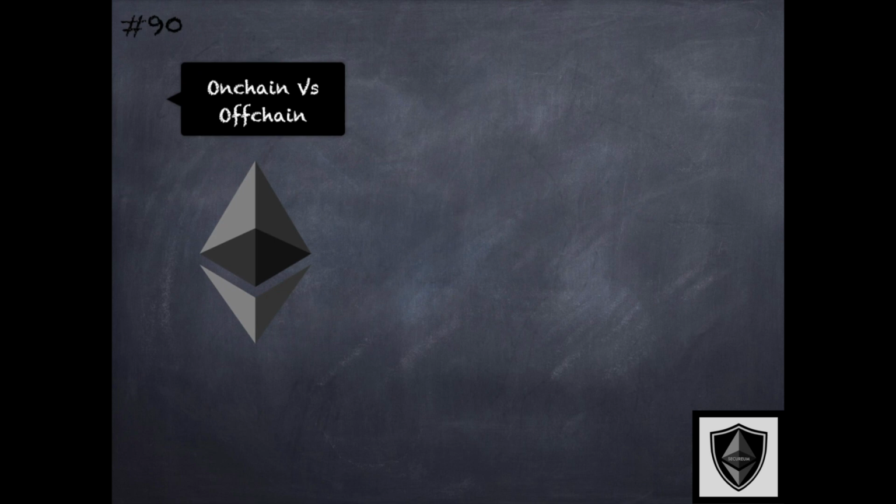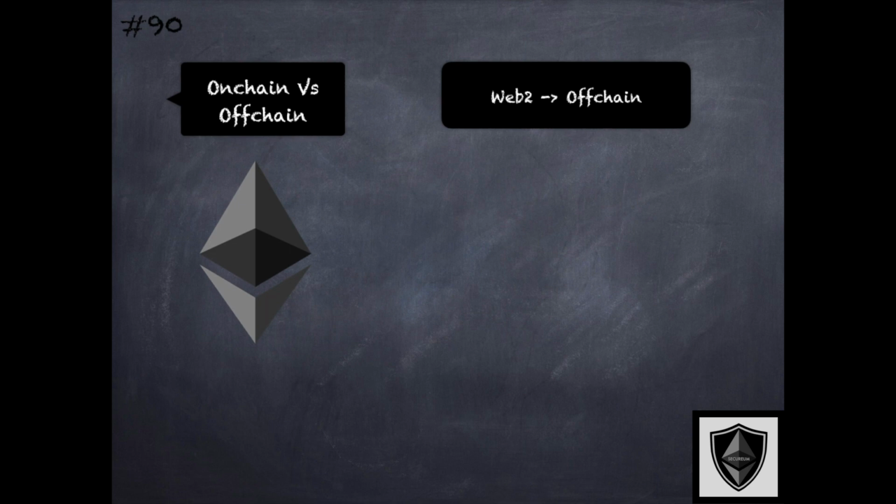The other concept that is very unique to Web3 is the differentiation between on-chain and off-chain. So here, chain really refers to the blockchain, and on-chain means something that is running or executing on the blockchain or within the blockchain's execution environment. Off-chain is something that is running or executing outside the blockchain.